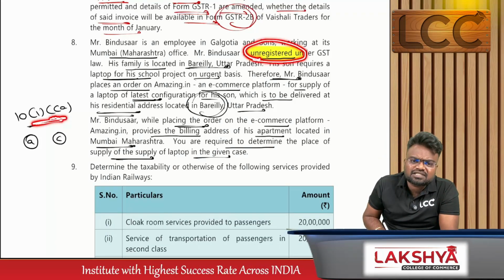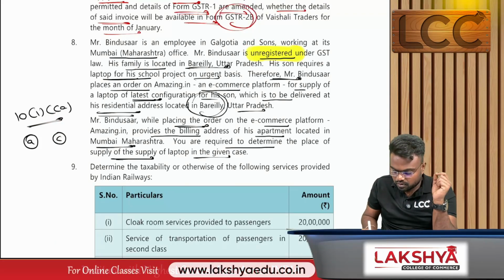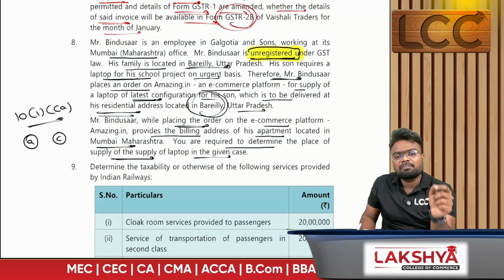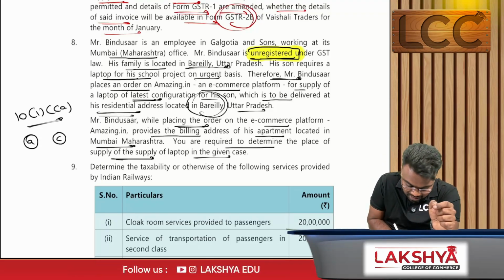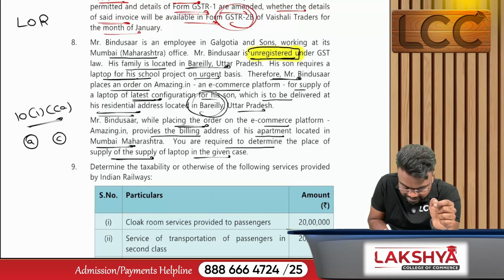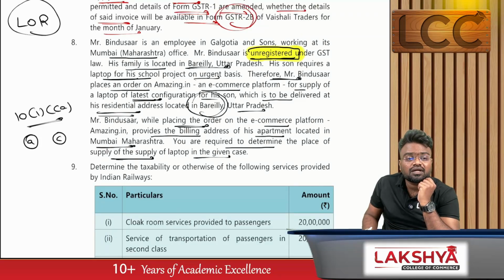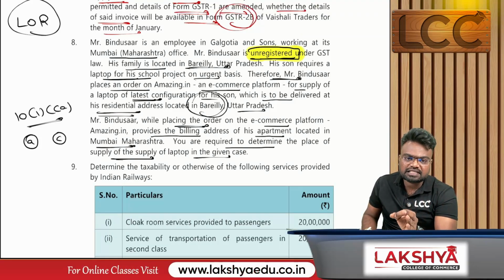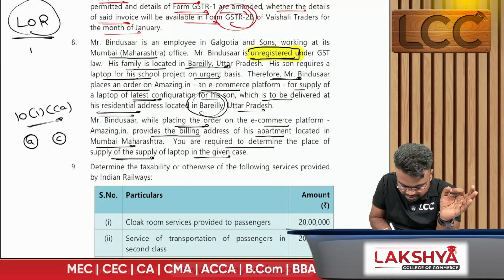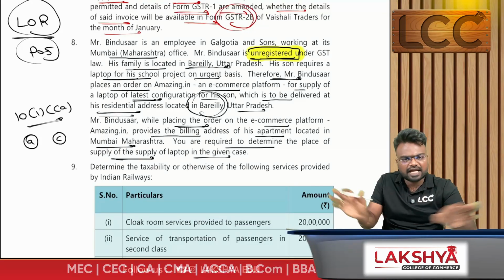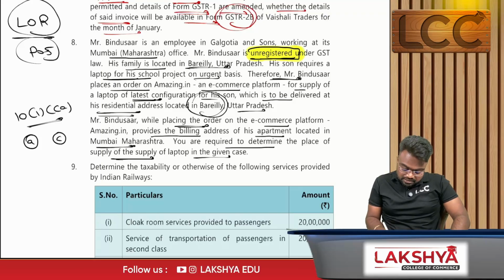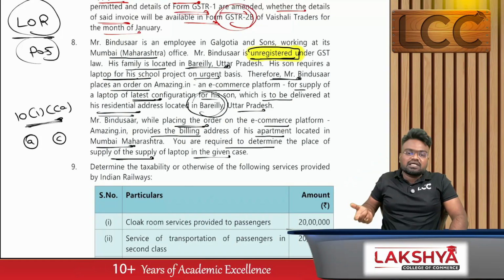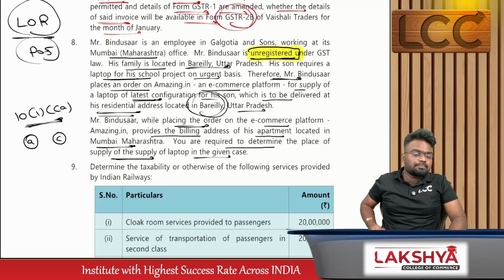What is 10.1ca talking about? It talks about any goods supplied to an unregistered person.